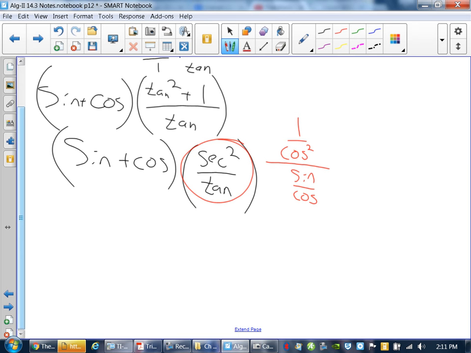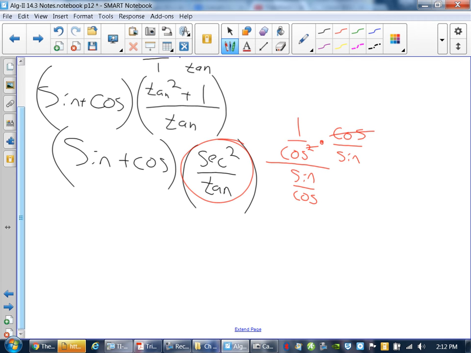I'm just throwing darts to see what sticks. So now here, I can multiply by the reciprocal. Which is going to give me. I didn't know that secant squared was 1 over cosine squared.